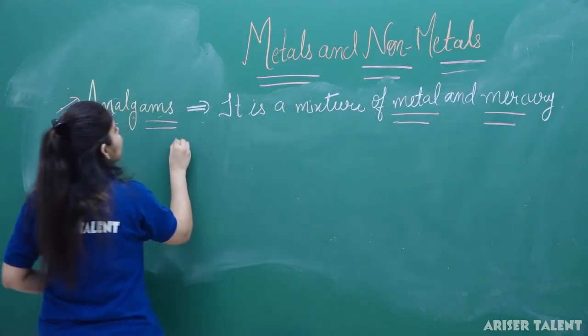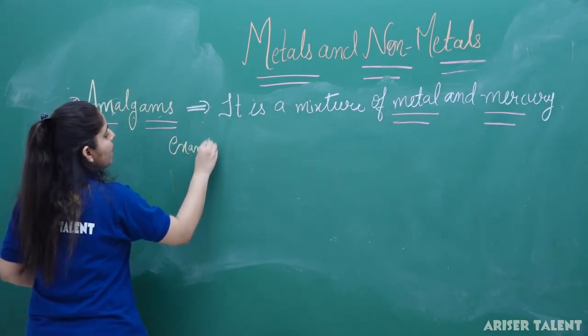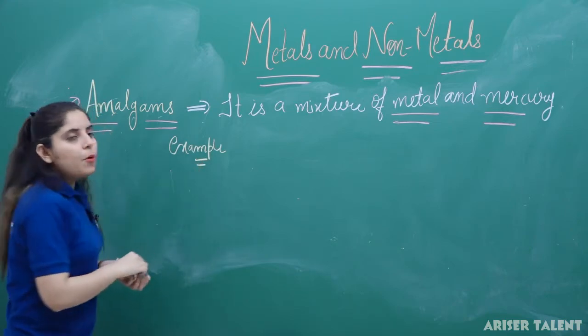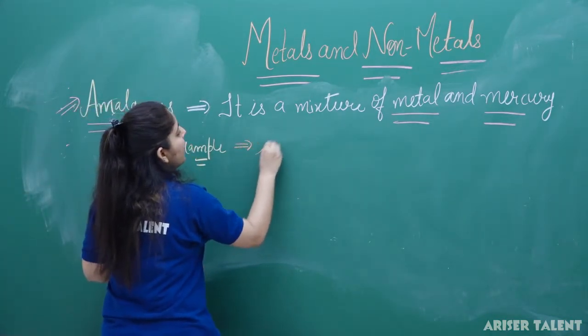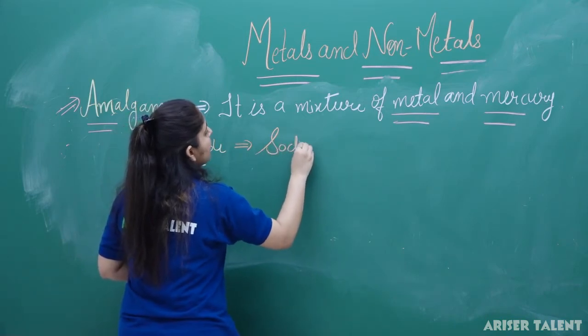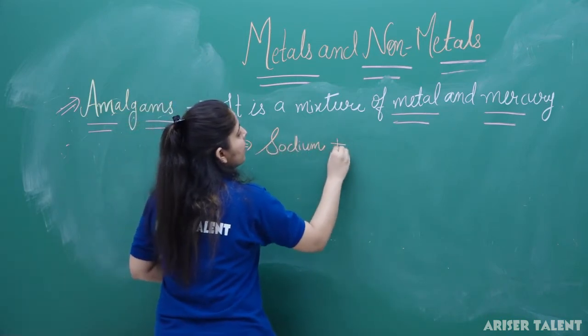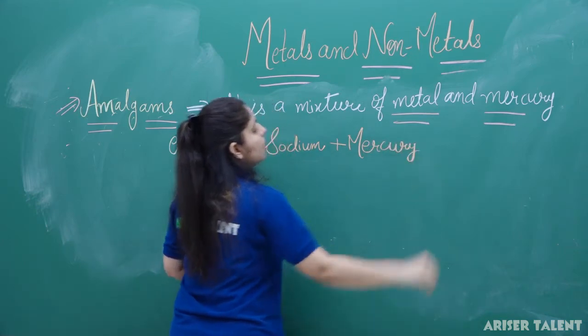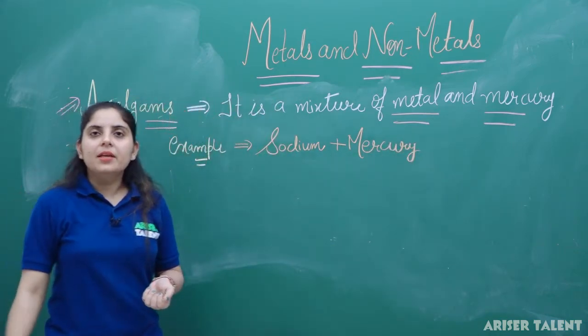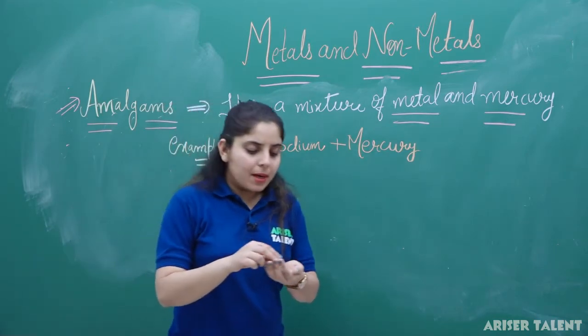Now we are taking an example to understand the case of amalgam. Suppose we are combining sodium with mercury. If sodium is combined with mercury, we can say that sodium amalgam is formed.